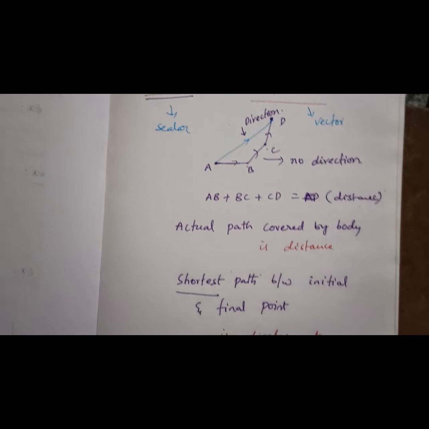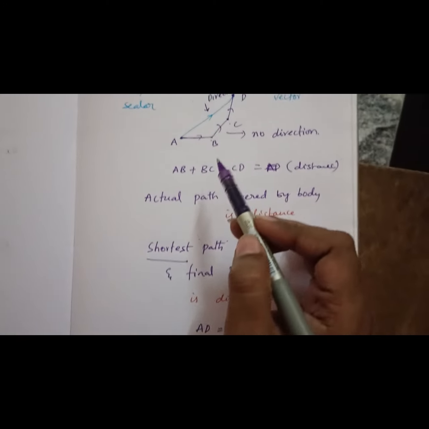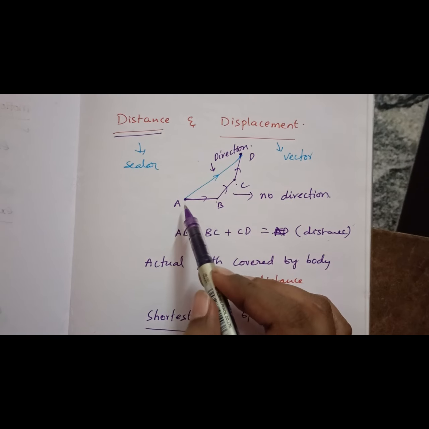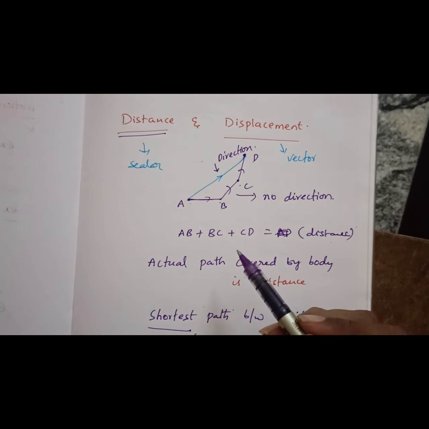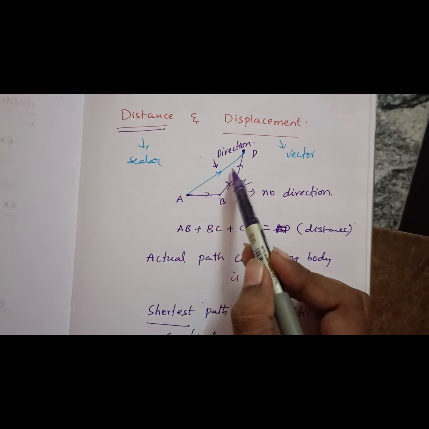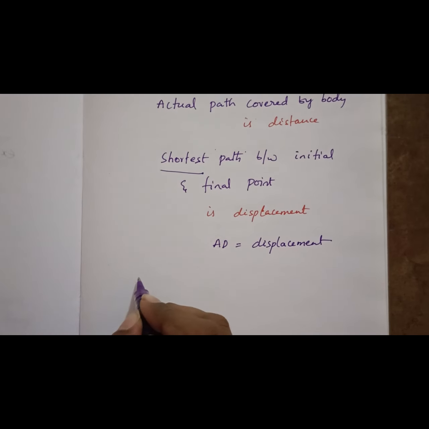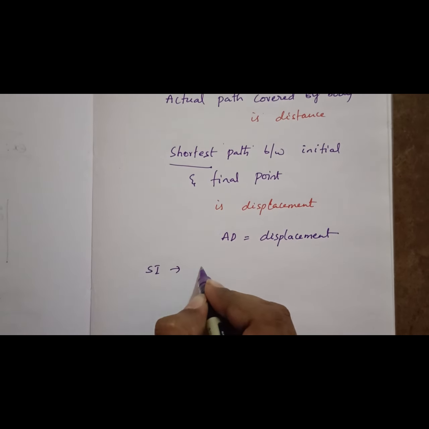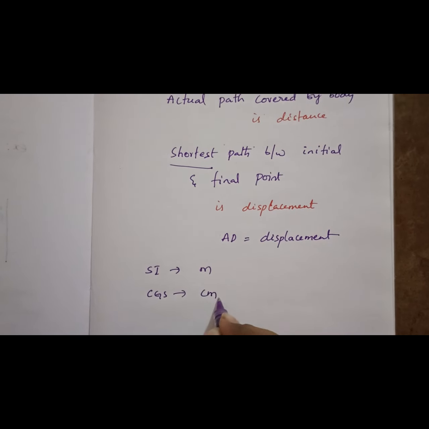Now, SI units of distance and displacement both are lengths. These two are simply a length. A to B plus B to C, C to D, length of actual path. Length of shortest path. So both are having SI unit meter, CGS unit centimeter.